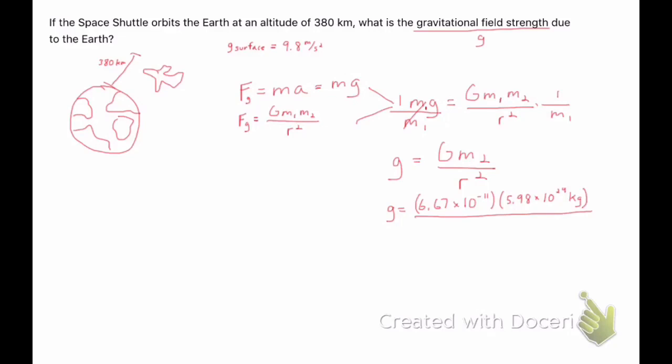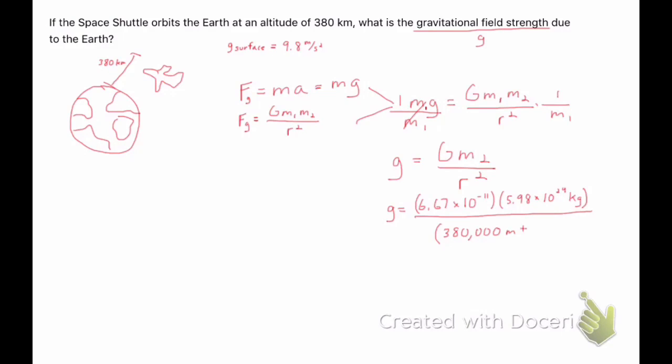Now here's the important part. Earth's core, the center of Earth. So we know that from the surface it's 380 kilometers. Okay? What is that in meters? Well, 380 kilometers would be 380,000 meters.